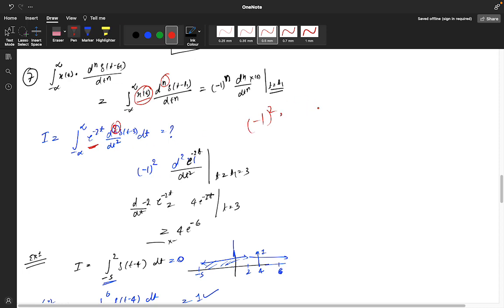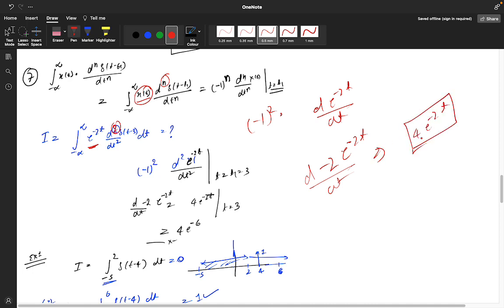In the first differentiation, d of e power minus 2t divided by dt, what you will get is minus 2 e power minus 2t. Another time you need to differentiate the whole function, d divided by dt, so what you will get is 4 e power minus 2t.